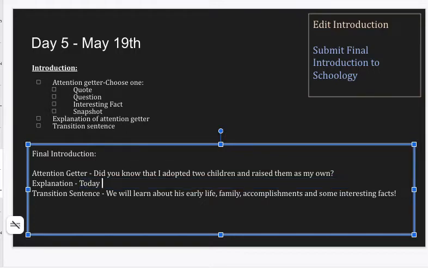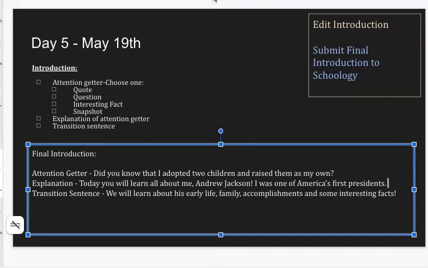Today, you will learn all about me, Andrew Jackson. I was one of America's first presidents. Now it's written in first person. Andrew Jackson is talking about himself.